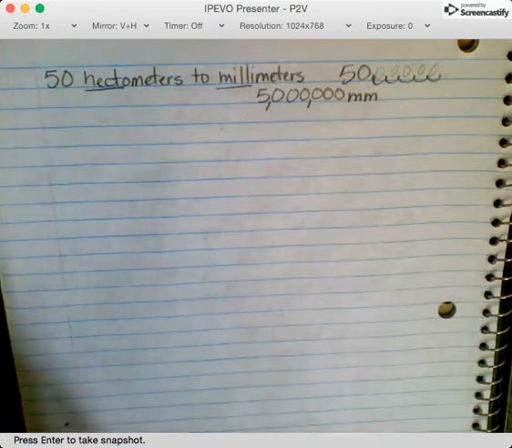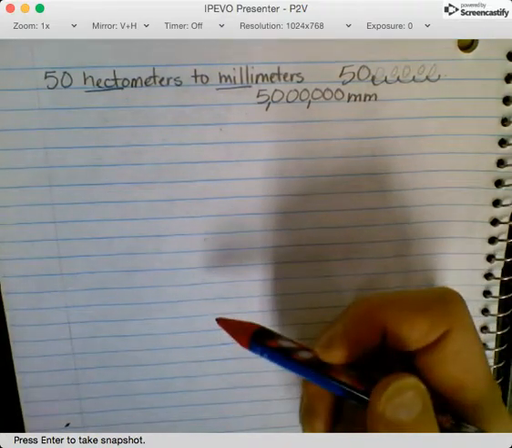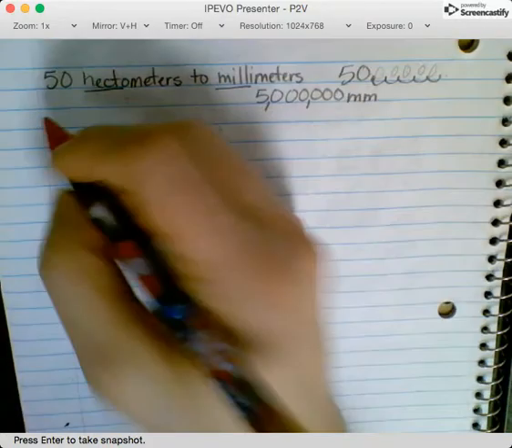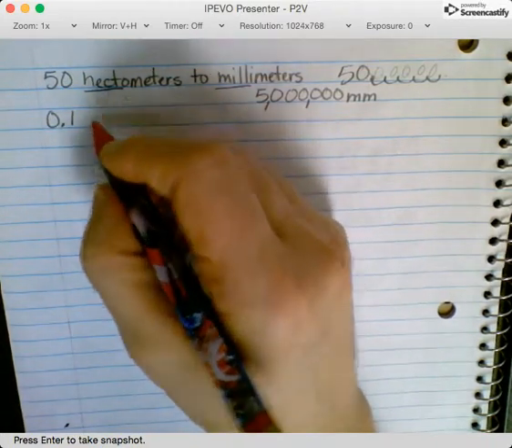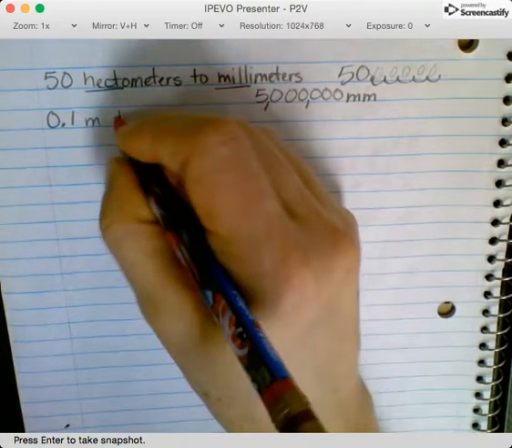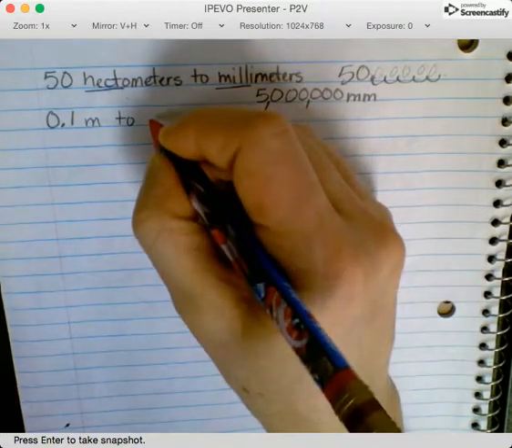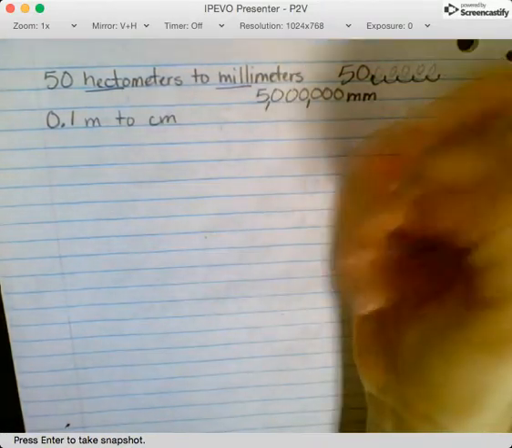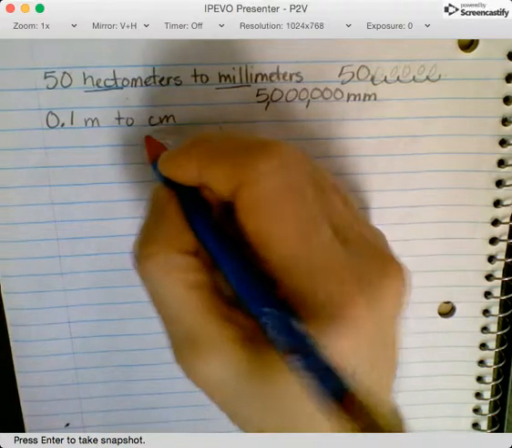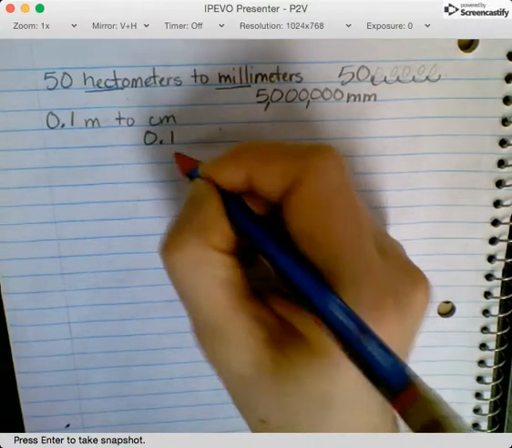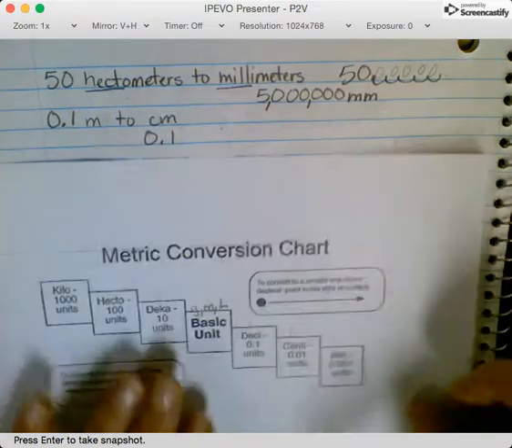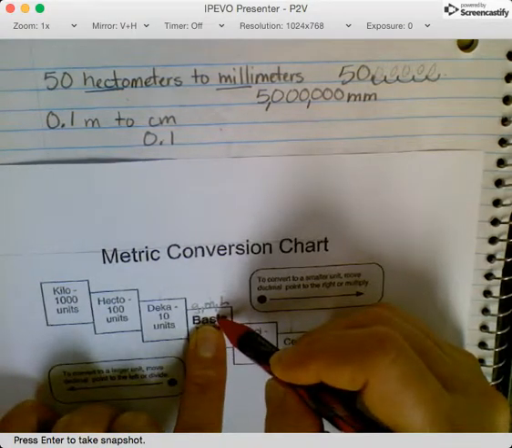Okay, with that said, let's move on. I'm going to give you some quick examples and let you try that out for yourself after you get done watching the video. If I'm going from meters to centimeters, I'm just going to show the abbreviations now instead of writing out the words. Meters is my base unit.